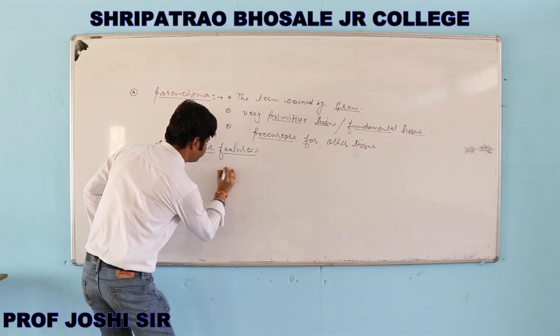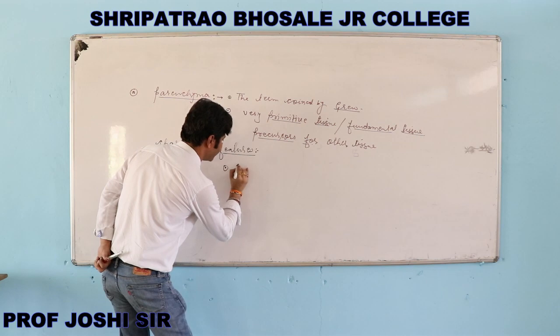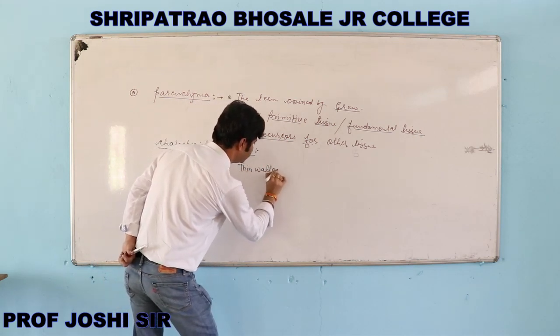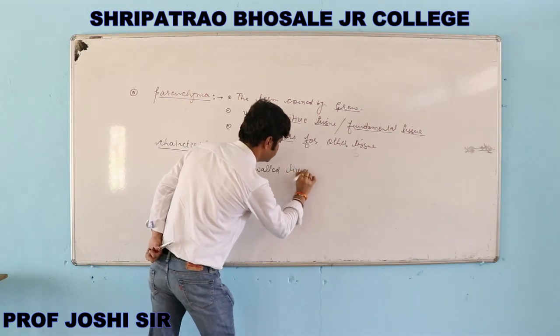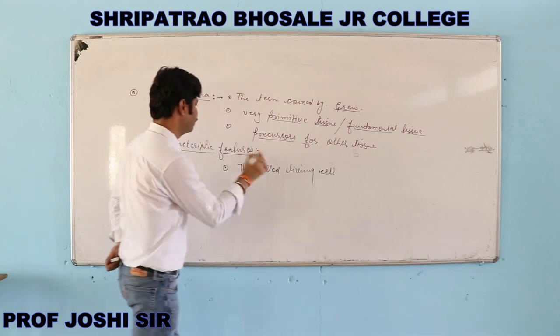First characteristic feature of parenchyma is that it is a thin-walled living cell.